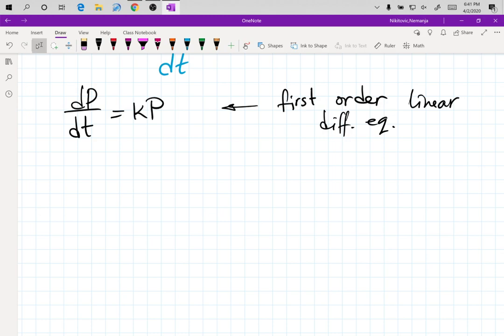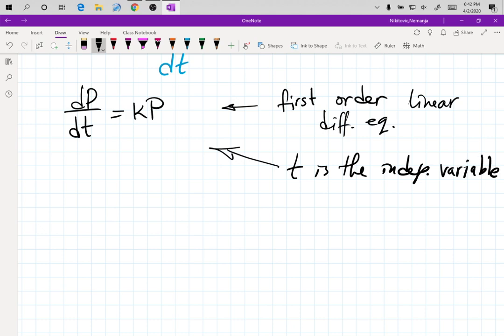So for this particular problem here, t is the independent variable, and p of t is the unknown function.